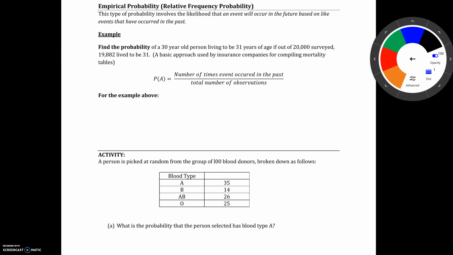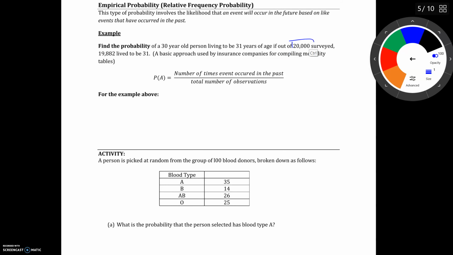So this same type of calculation is done when we're looking at data as well. So we try and figure out how likely an event will occur in the future based on events that have occurred before. So we might look at data or survey data, and we might find that historically, out of 20,000 people surveyed, 19,882 lived to be 31.